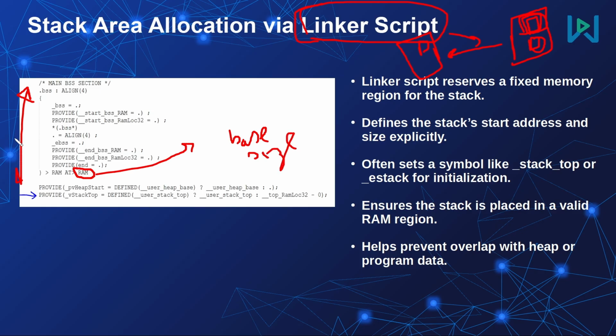Then we will need to allocate the different memory segments that we have seen in the previous slide to the corresponding memory region. Hence, the content of those sections and memory segments will go into those memory regions.